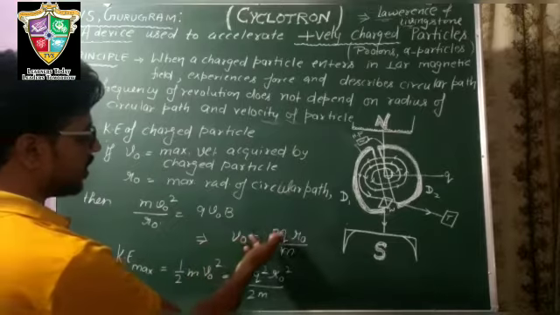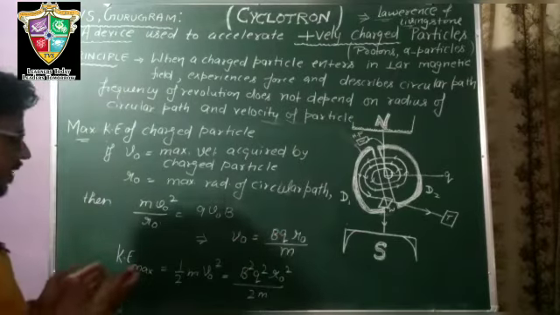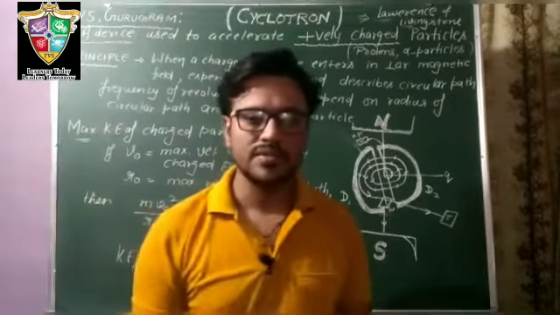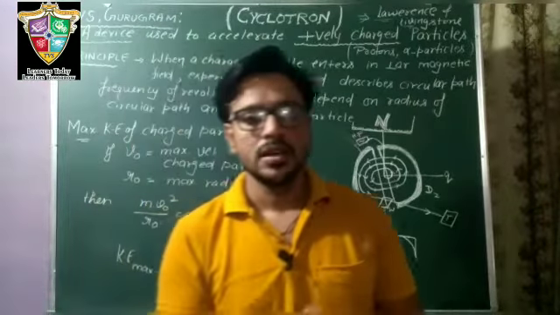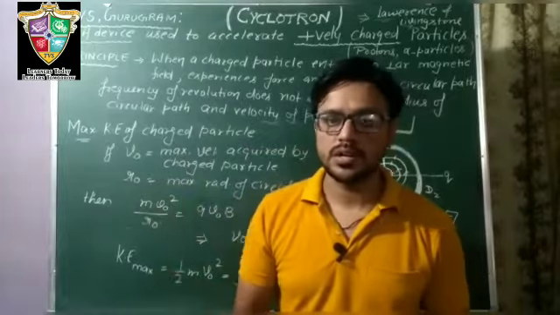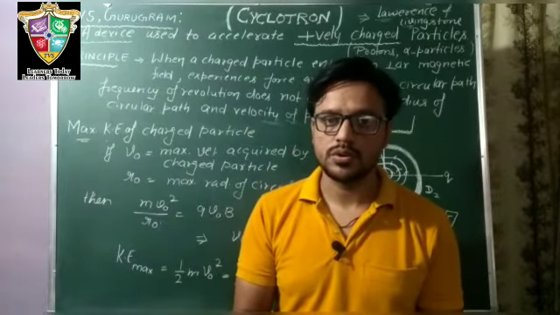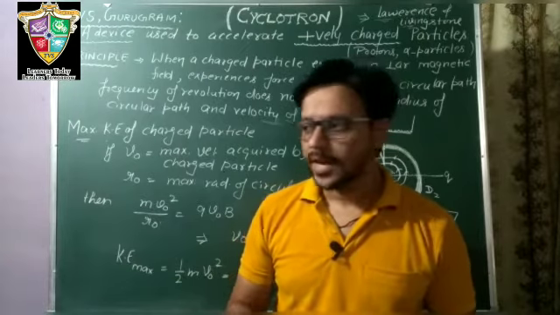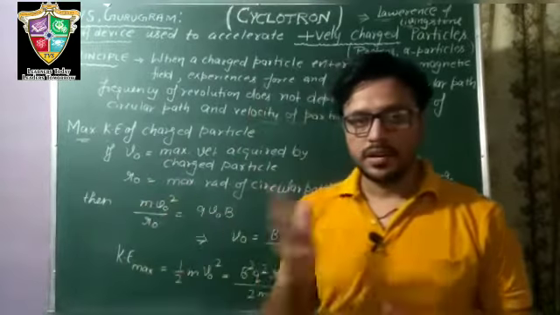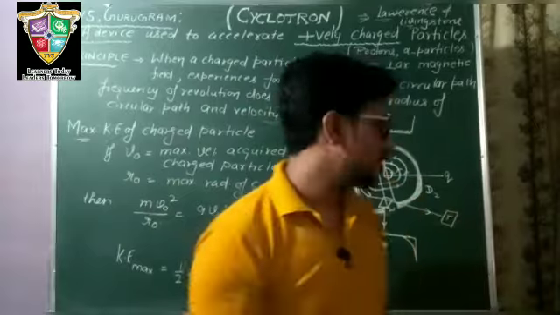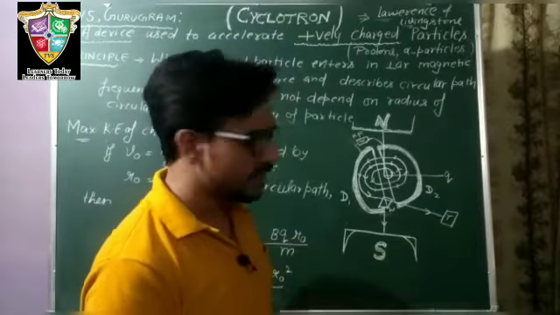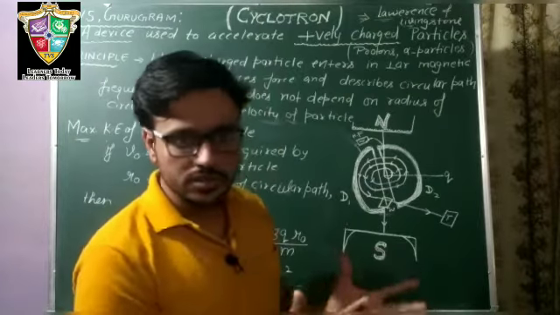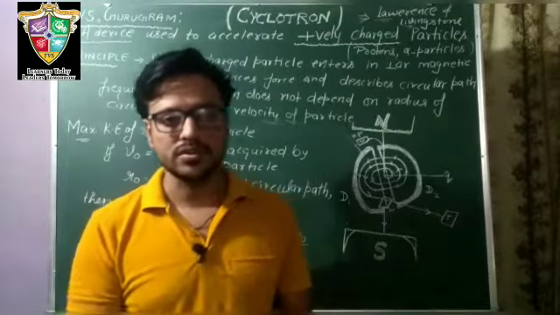From this relation, v naught is Bq r naught upon m, and we can calculate the maximum kinetic energy using kinetic energy equals half m v squared. So we saw how the cyclotron accelerates a positively charged particle, and with this kinetic energy we can bombard the charged particle on any target that we want to study, or the atomic part which we have to study. So this is the construction, principle and working of the cyclotron.